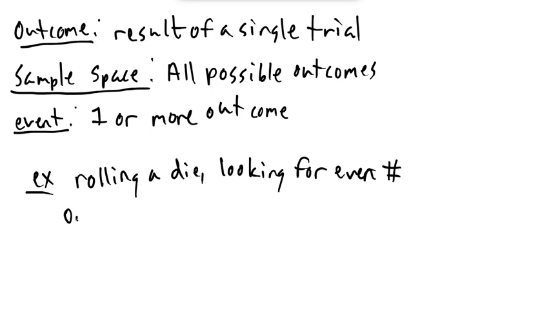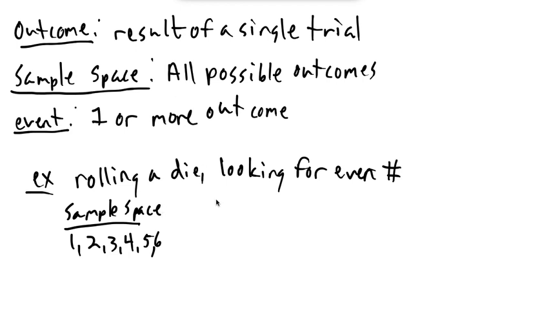What are the possible results? Well, when you roll a die, it can come out with either a 1, a 2, a 3, a 4, a 5, or a 6. This is our sample space. When we're looking at this, our sample space, all the total possible outcomes, is 1 through 6.